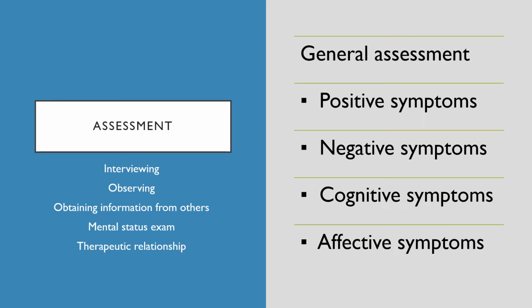So that inability to enjoy activities, social discomfort, lack of goal-directed behaviors. We should be having some of these things and they're just not present. Cognitive symptoms is impairment in memory, attention, thinking, or problem solving. And then affective symptoms are symptoms involving our emotions and expression.